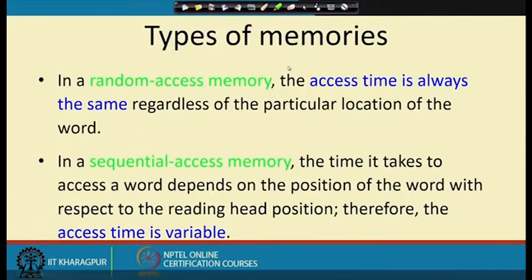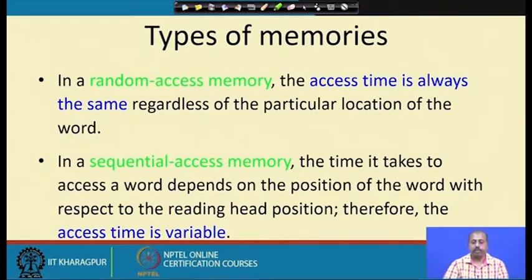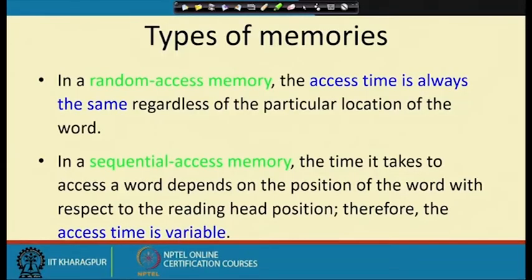In random access memory, access time is always the same regardless of the particular location of the word. It does not matter which location you are accessing, location 100 or location 200, they take the same amount of time. Whereas in a sequential access memory, the time taken to access a word depends on the position of the word with respect to the reading head position.